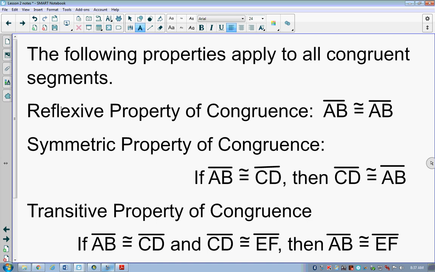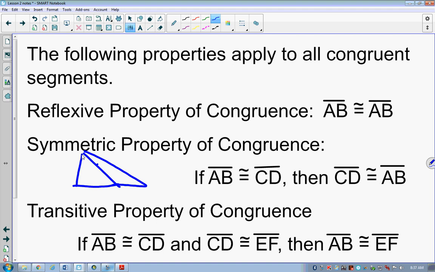Let's see if I can end up drawing this out somewhere else. I'll show you what that looks like. For instance, let's say I've got a triangle here. Something like this.